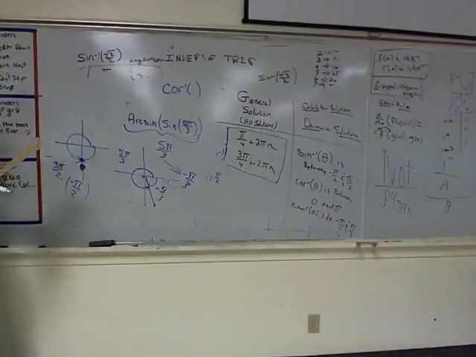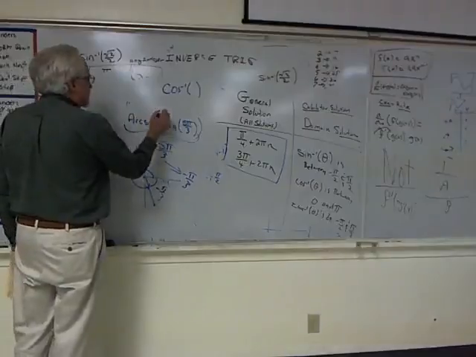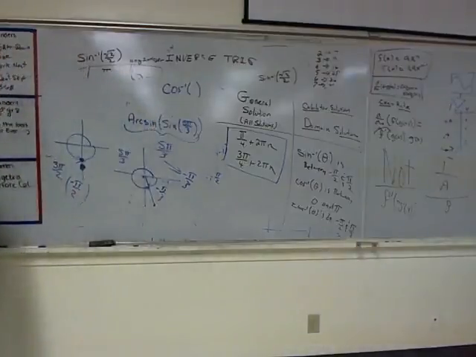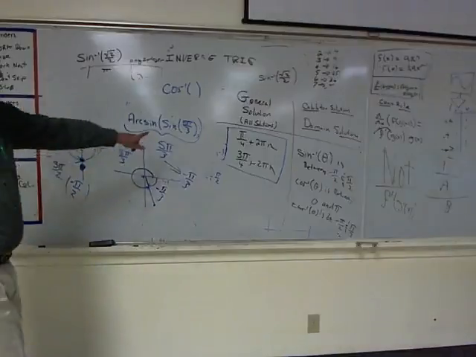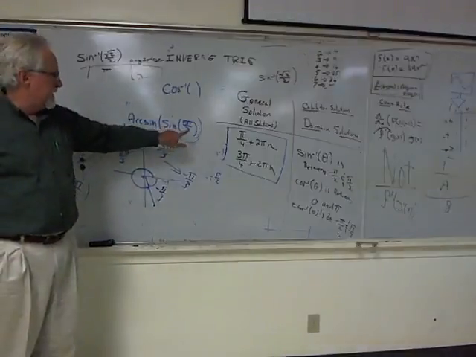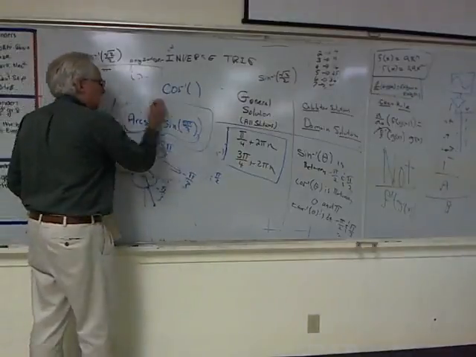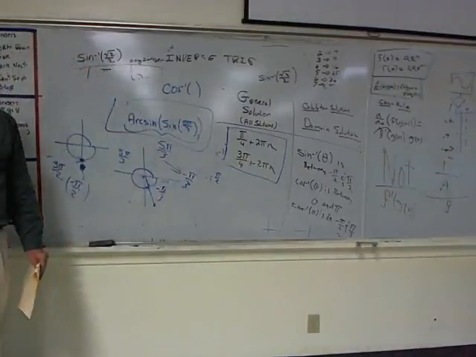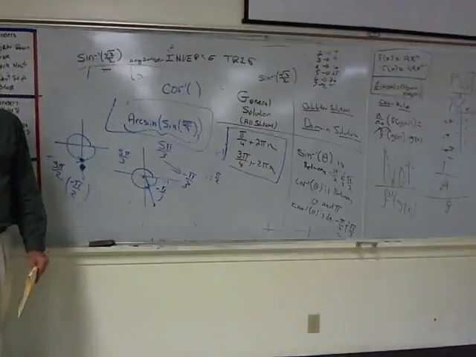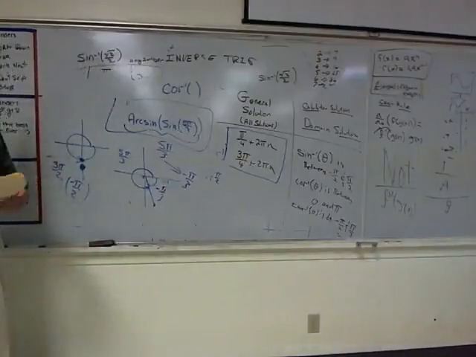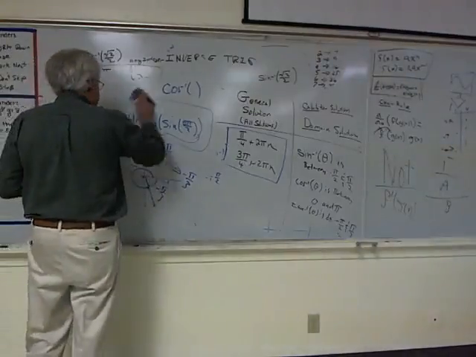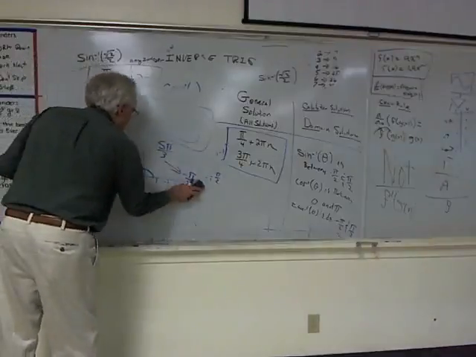If I have f inverse of f of x, what do I just end up with? I'm effing and then I'm uneffing. What do I end up with? x. Or if I have f of f inverse of x, that's equal to x.